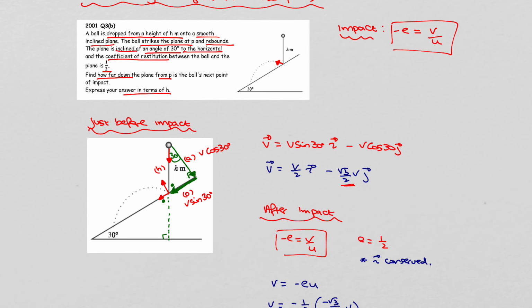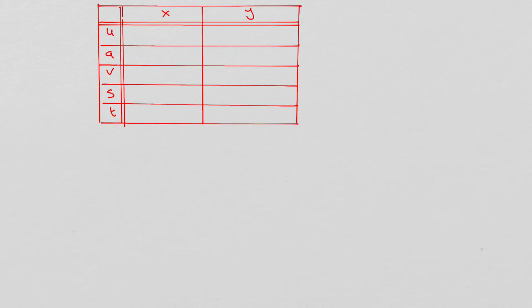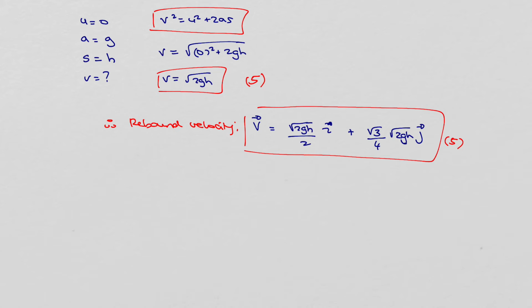What we want to look at next is how far down the plane from P the ball's next point of impact is. Essentially we're looking for S in the x direction, so we need to set up our table for U, A, V, S, T in the x and y directions. For our U in the x direction, that's our i component here, so it's root 2gh over 2.